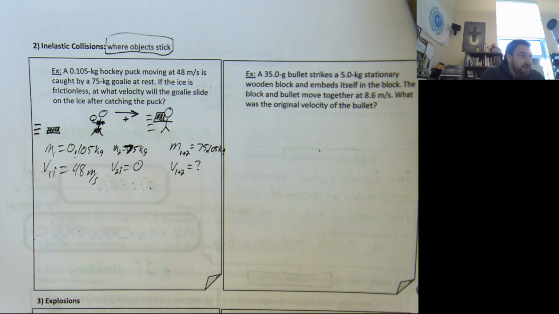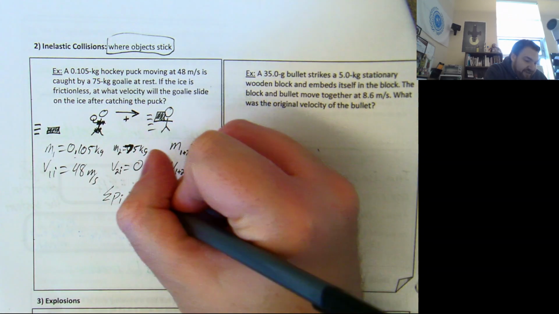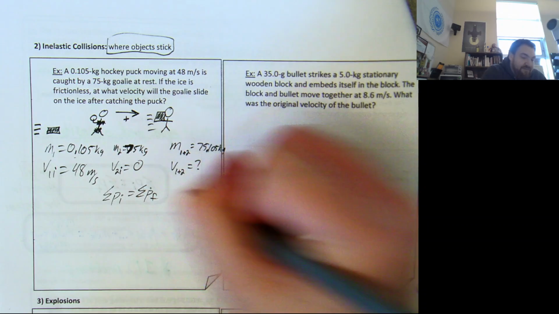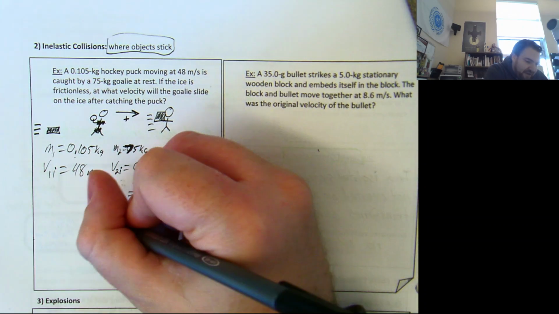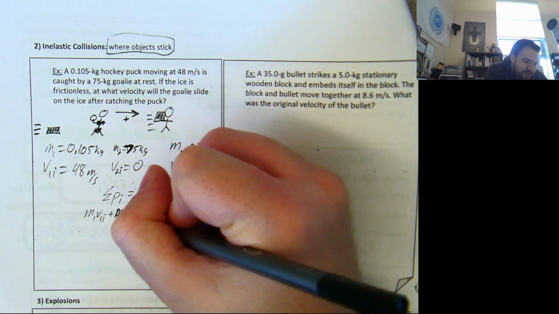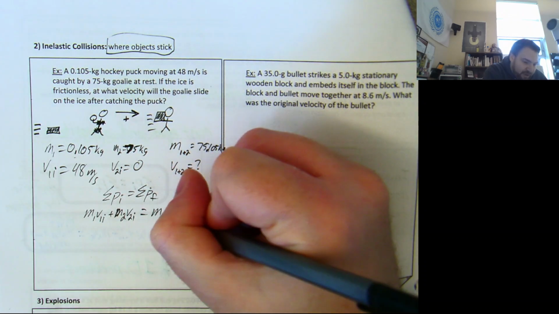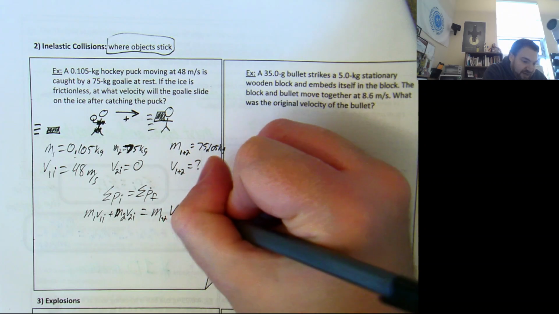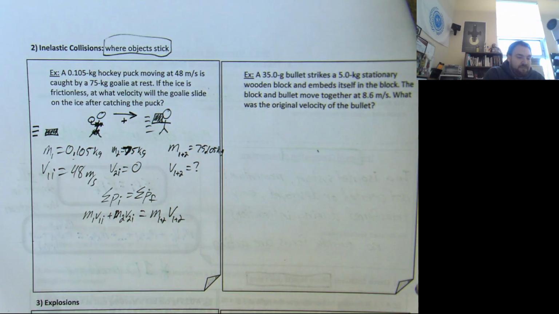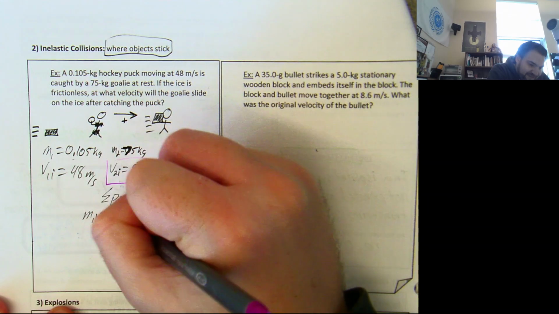When the objects stick together, add their masses together. So the sum of the momentums initially are still going to equal the sum of the momentums at the end. At the beginning, I've got M1 V1 initial plus M2 V2 initial. And that's going to equal M of 1 plus 2 times V of 1 plus 2. The beauty of this is because the goalie wasn't moving to start, that is 0.